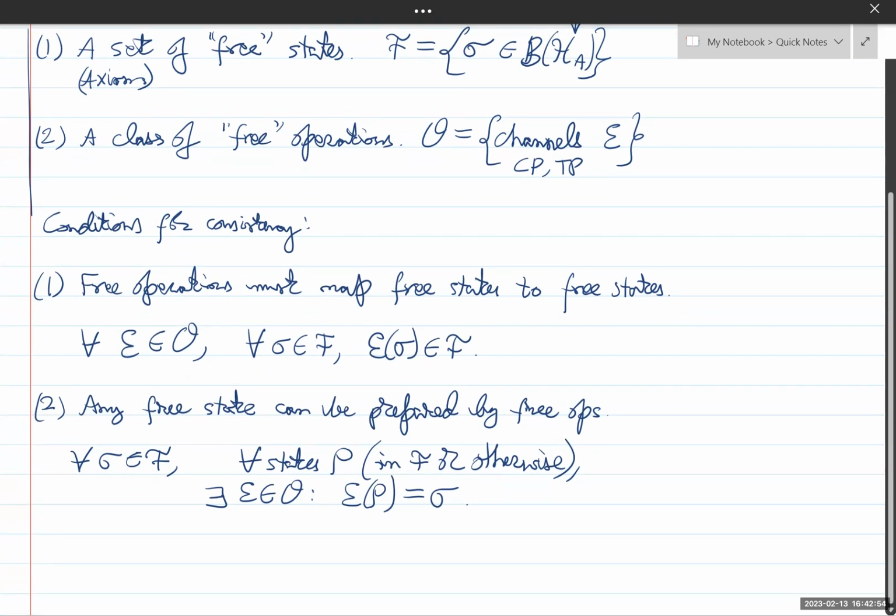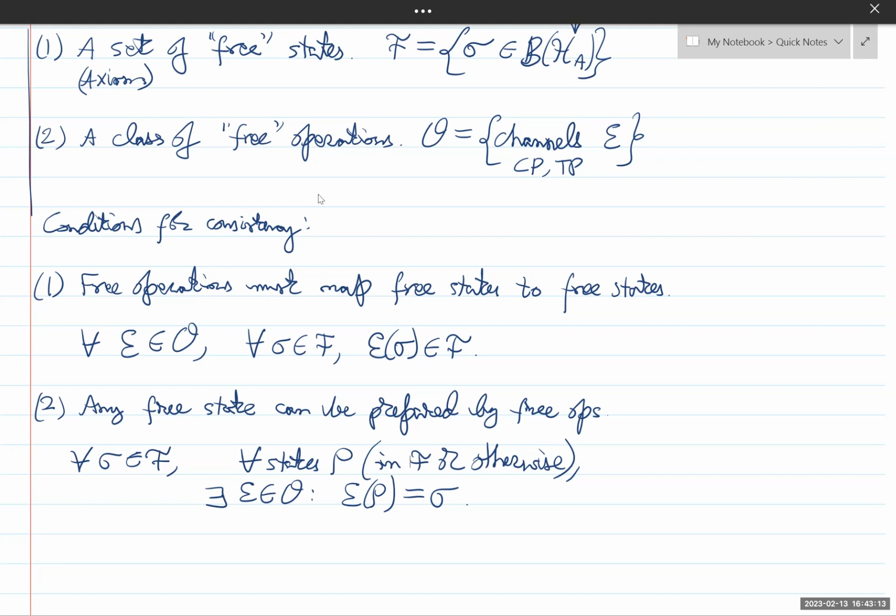So what we're saying here is that it doesn't matter what you start with. This rho can be arbitrary, it can be trivial, it can be free itself, whatever. There exists a free operation that can prepare sigma from rho.